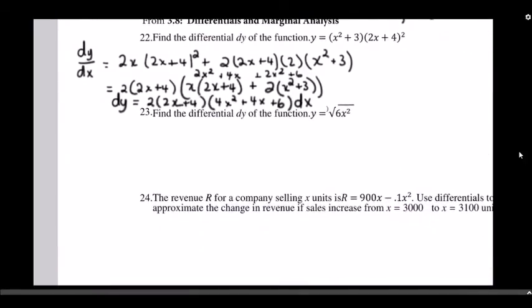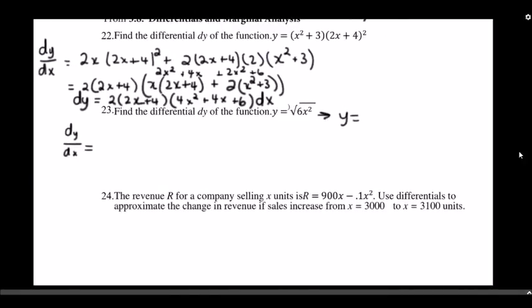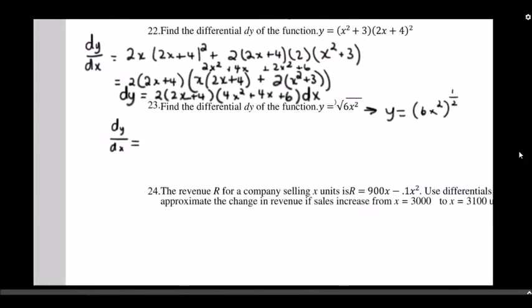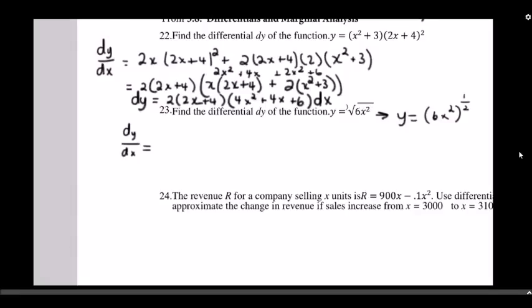Similar for number 23, we need to find dy/dx. First of all, it'd be helpful to rewrite y as 6x squared to the power of 1/2. Now finding the derivative, we're using a power rule.